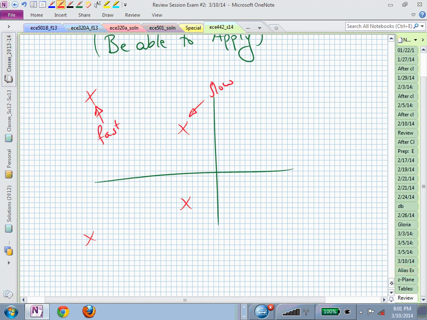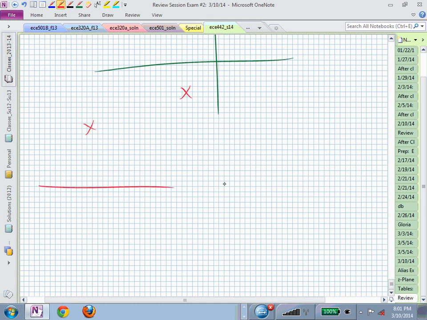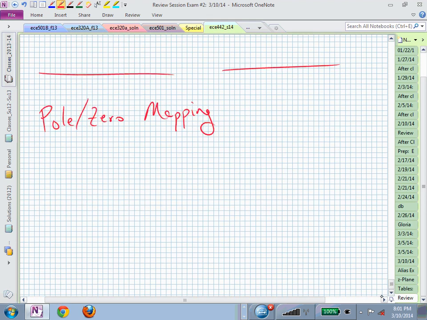So be able to apply those numerical integration, state space techniques. The last thing that we will talk about is pole zero mapping. And what's critical here?